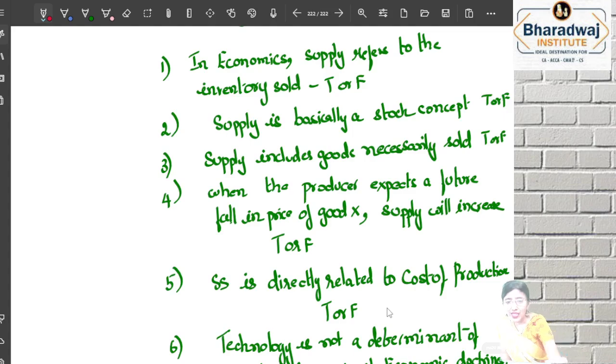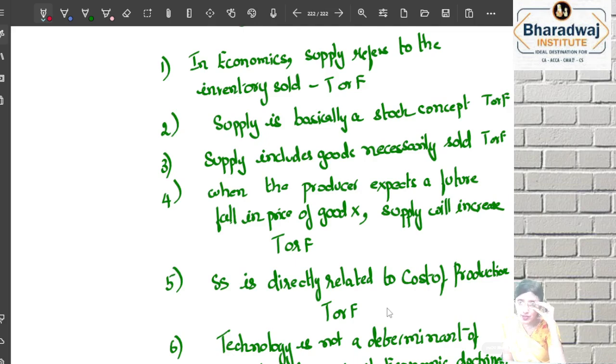In economics, supply refers to inventory. So, true, false, two different answers. Why false? See how conceptually you have to study.